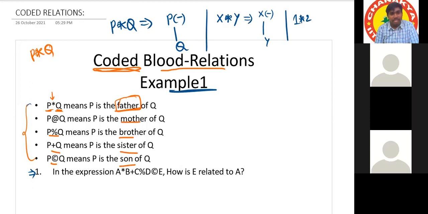It depends on the question. Question to question, these things will vary. In this question, I declared star as the father and at the rate as the mother. Somewhere he may declare star as the mother and star as the sister also. We have to answer the question according to the information only. This is not standard.